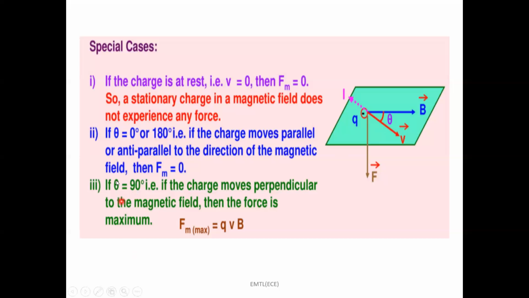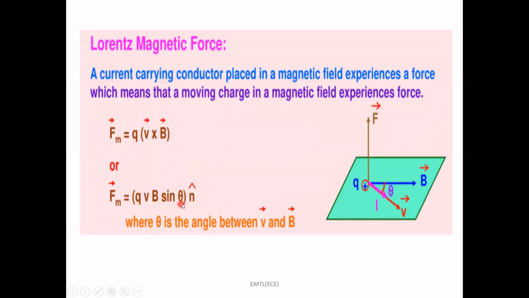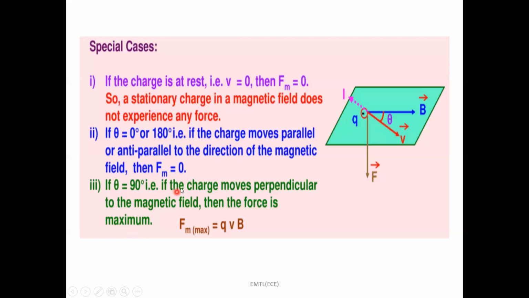Why? Because as we substitute theta equal to 0 or 180 in this expression, sine 0 is 0, and sine 180 is also 0. So at theta 0 or 180, the magnetic force experienced by a charge is 0.